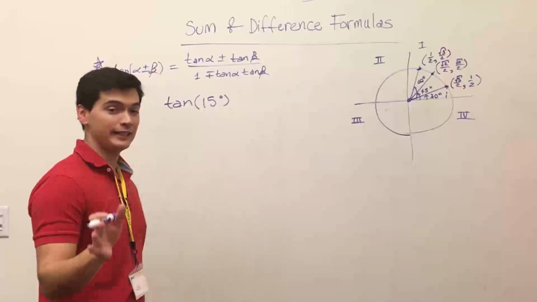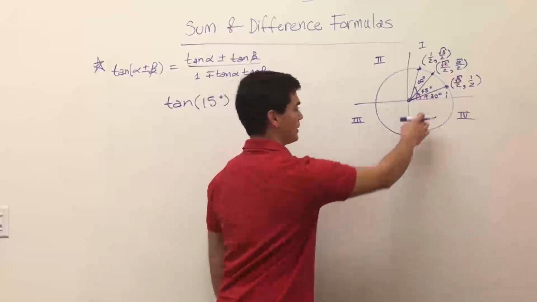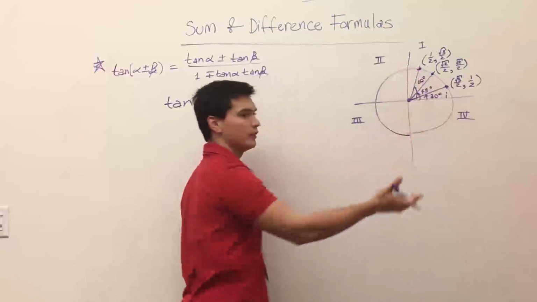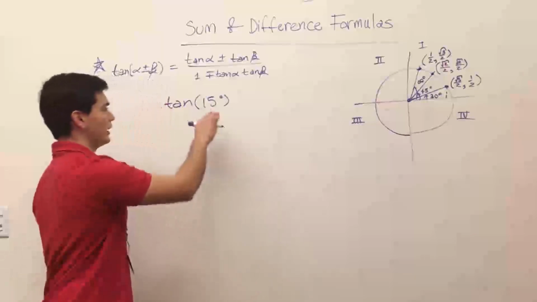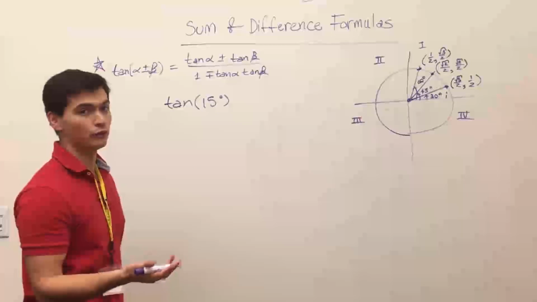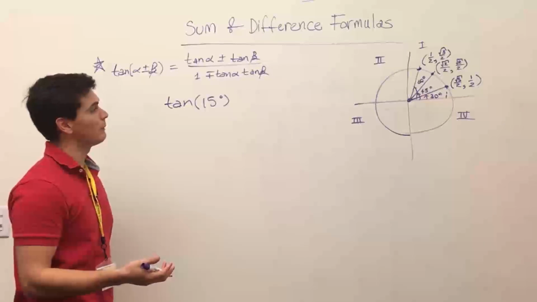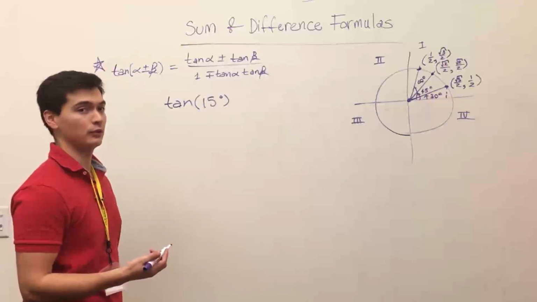Spend some time solving this problem, and when you come back, we will solve it together. Okay, so the idea here is to use these three angles, or sometimes even the 0 degree or 90 degree if you have to, such that you get a result that either sums up or subtracts to 15 degrees. What do you think will be the likely values of the angles?